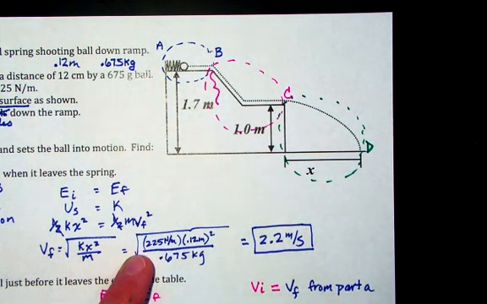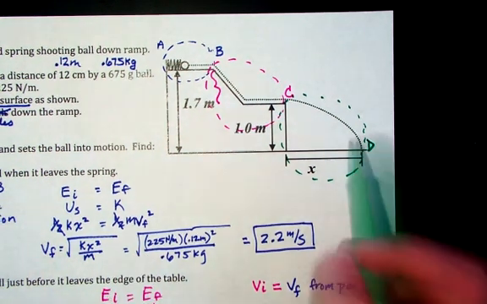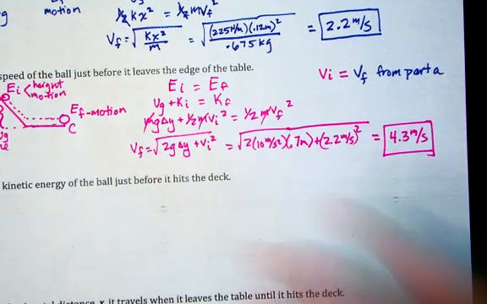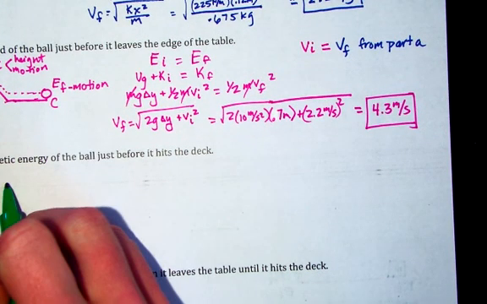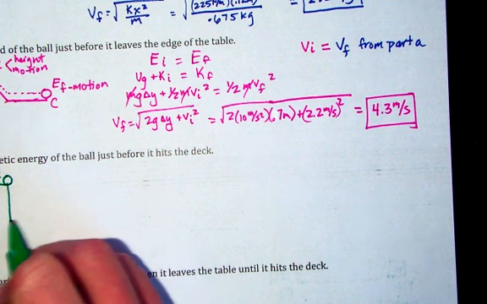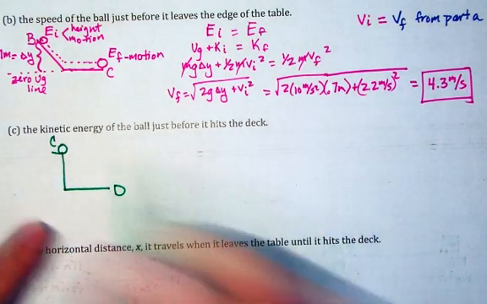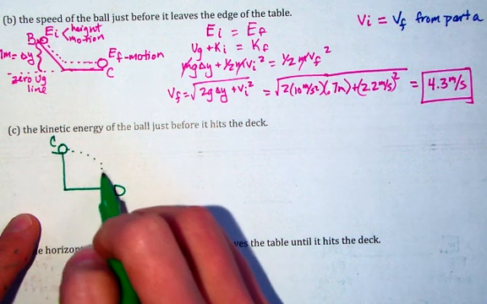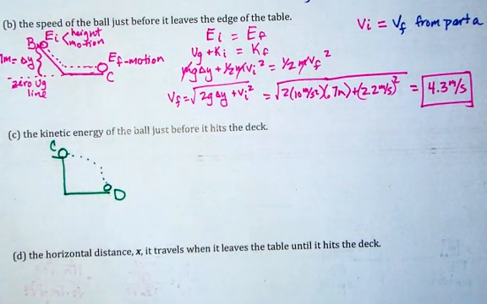So from C to D, that is our next isolated system. So I'm going to draw a picture of that. We have C here. The ball's right here at C. D is over here. And then the ball's going to move like this. Horrible picture of the ball movement, but I think you guys get the idea.